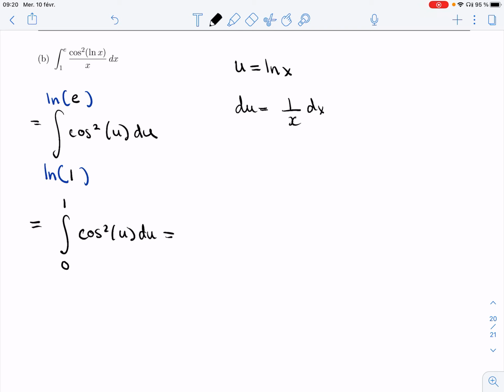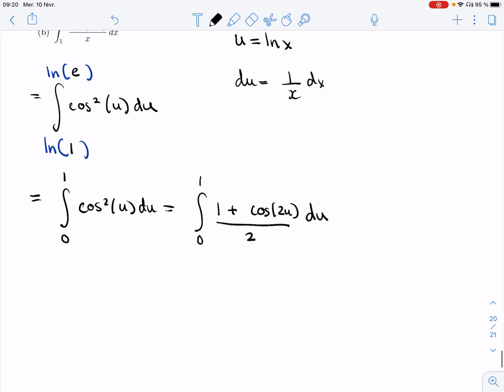All right, and at this point, I have to evaluate the integral of cosine squared. We've seen how to do it in chapter 3. We used the double angle identity. So 1 plus cosine 2u over 2. So I'm getting u over 2 plus, and then the integral of cosine is sine. I have that extra 2.